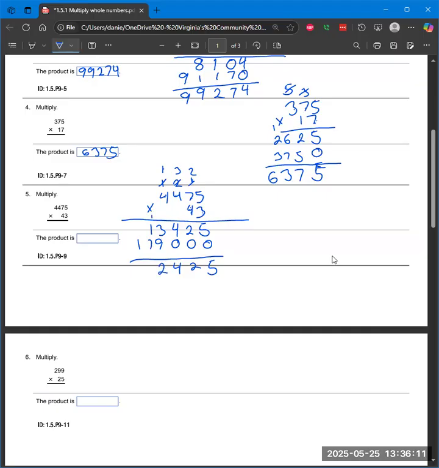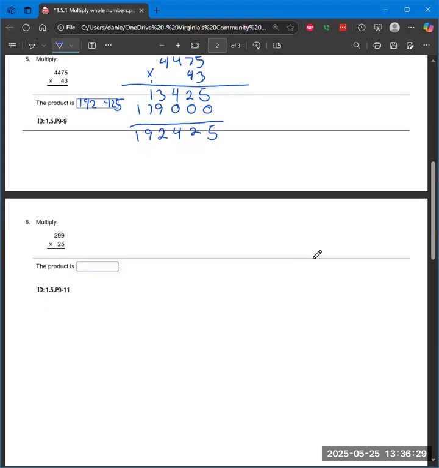You carry that 1. 1 plus 1 is 2, plus 7 is 9. Bring down the 1. So we have 192,425. All right.